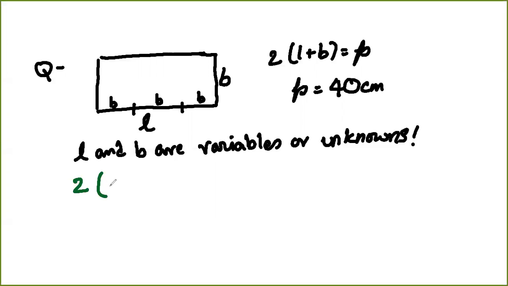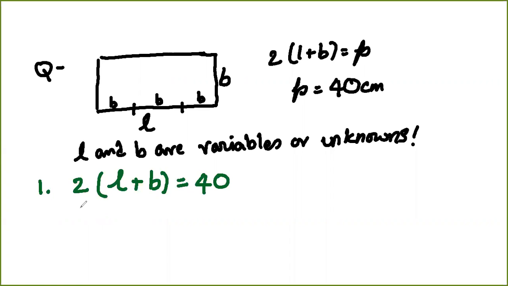I'm writing down the equation for the perimeter of this rectangle: 2 times length plus breadth equals 40 centimeters. Do you understand this statement? Naima, you're the person who primarily asked this question, so you should be clear about it. No, sir, I'm clear.